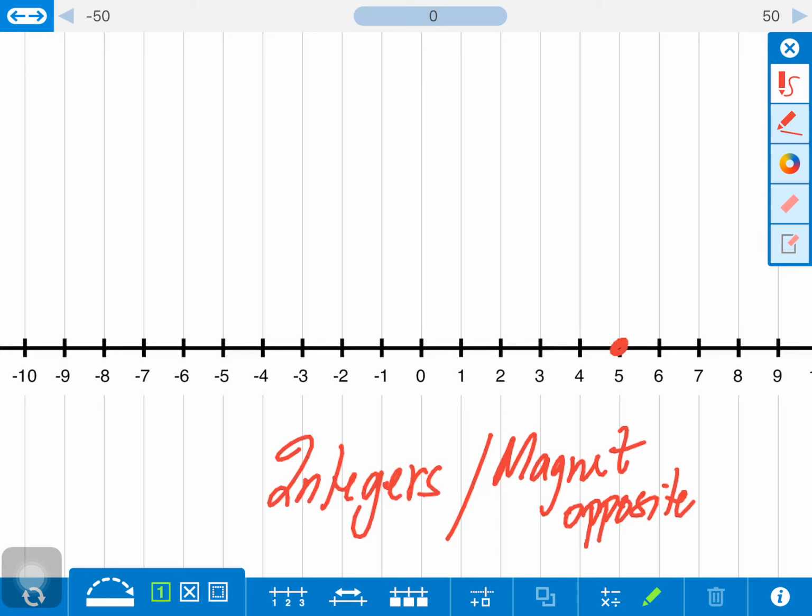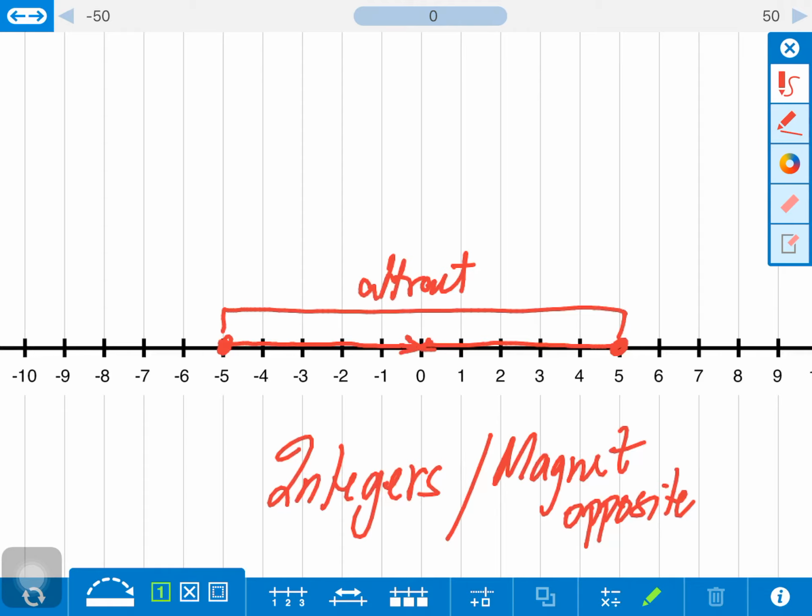The opposite of that is negative 5. These two would attract each other because they're opposite, and they will approach 0. That's one of the properties of integers: if we're adding opposites, the answer is 0.